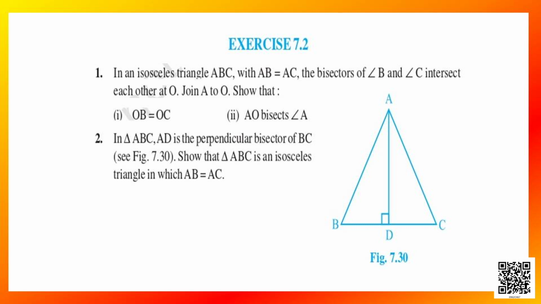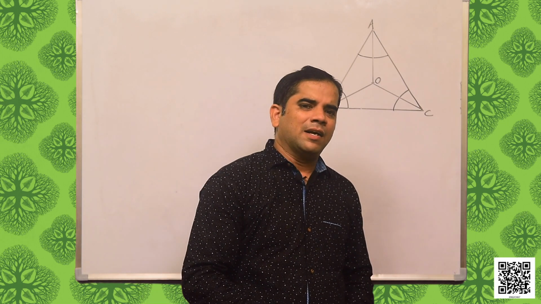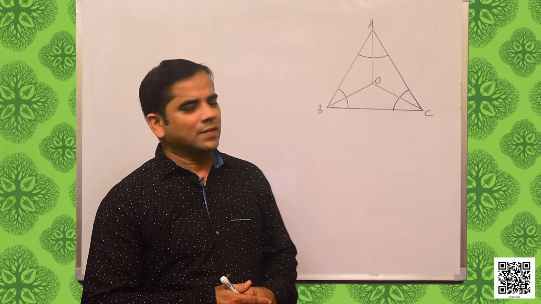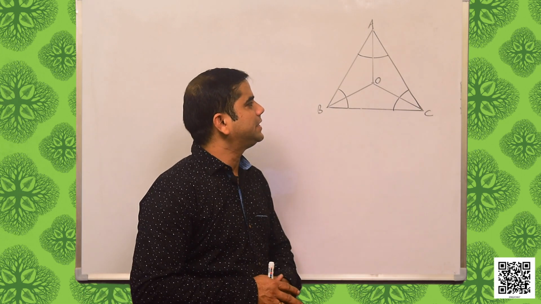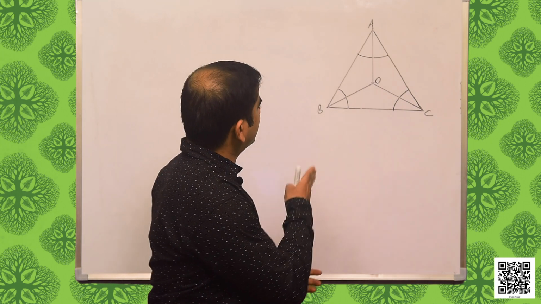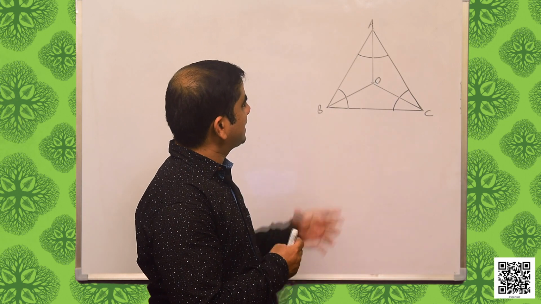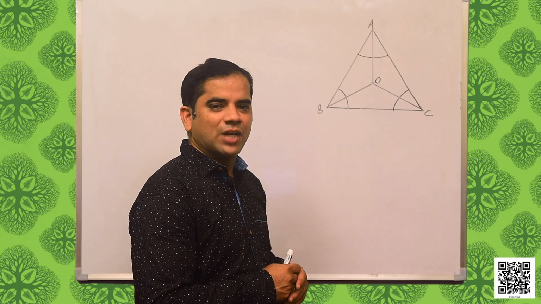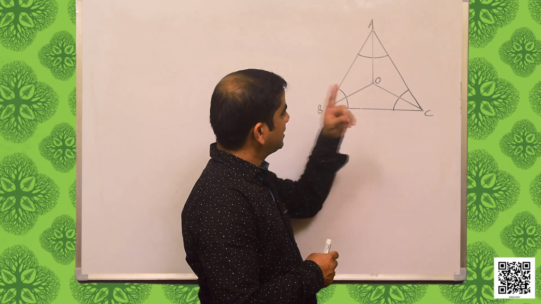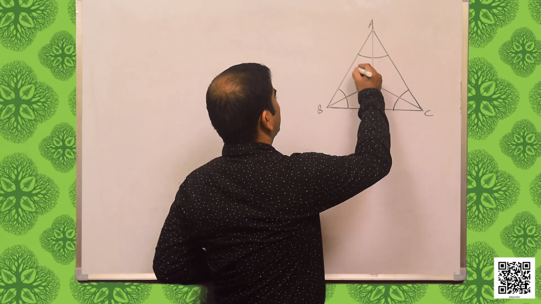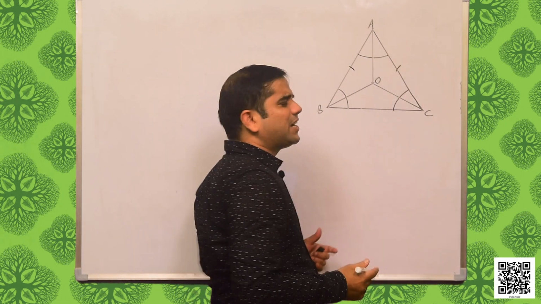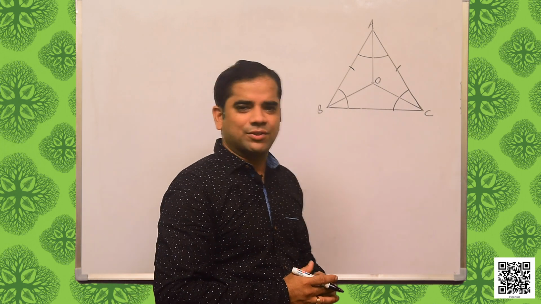Okay. So, students, first of all, let us concentrate on this figure. I have constructed this figure as per the given data, which says ABC is a triangle in which AB is equal to AC. So, clearly ABC is an isosceles triangle.